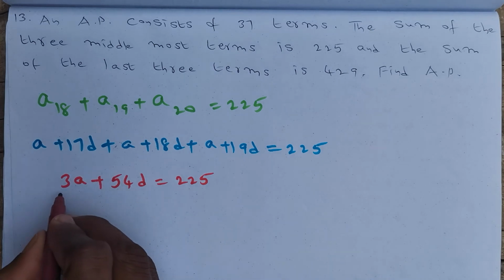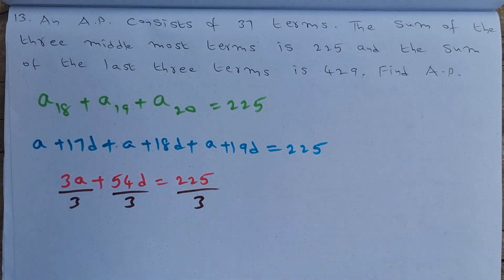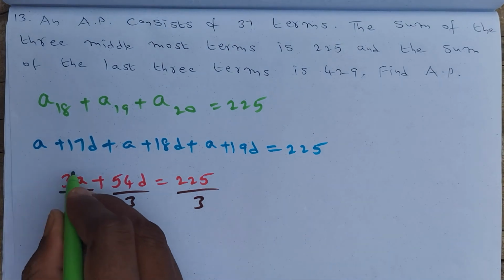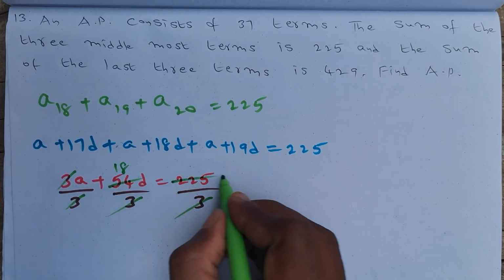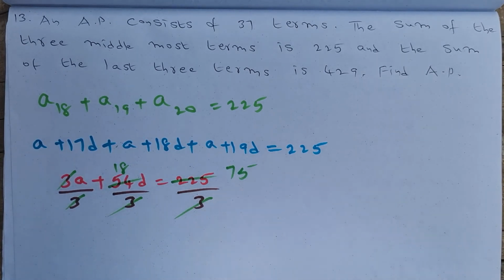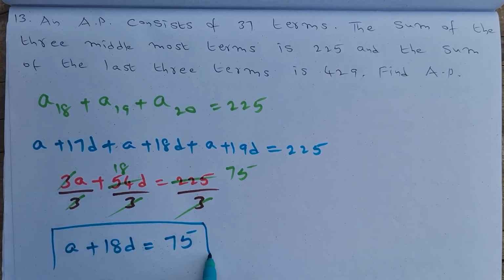So dividing every term by 3, we will get the equation as A plus 18D is equals to 75. This is equation 1.